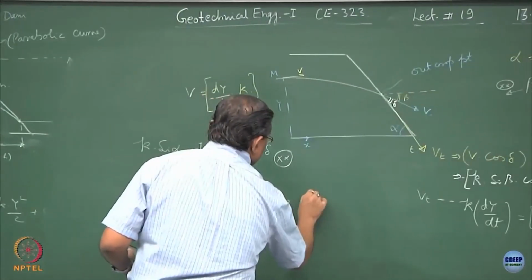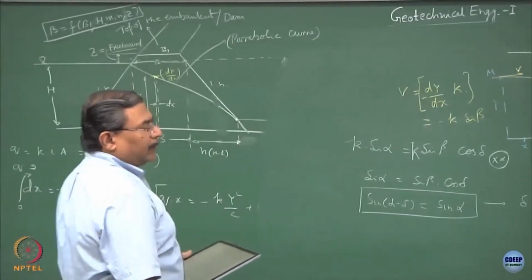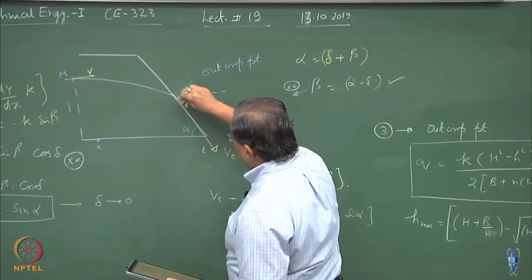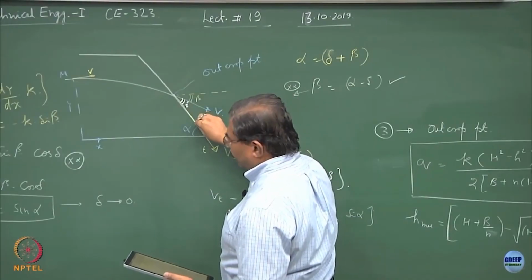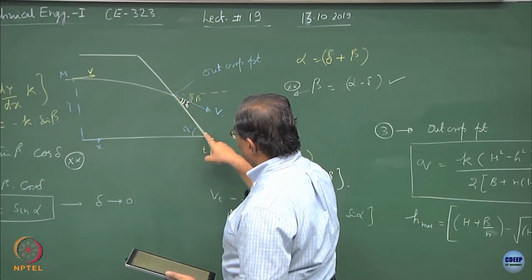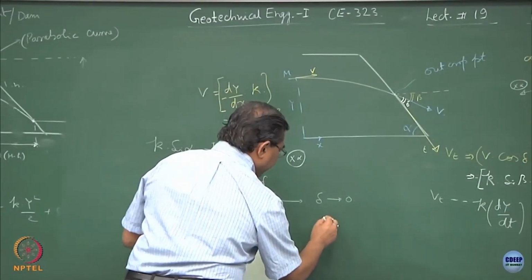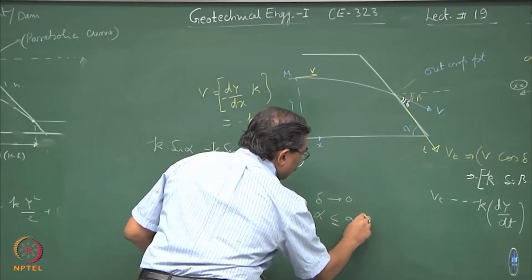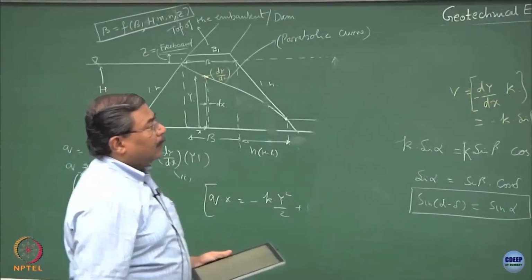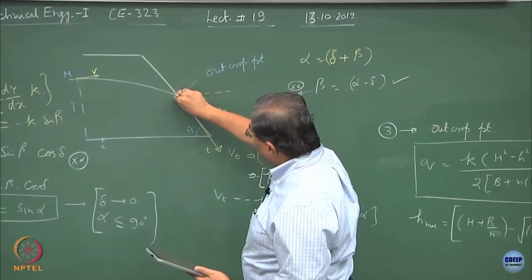What this indicates is that delta tends to 0, number 1. If delta tends to 0, that means the discharge velocity at the free surface is going to be equal to whatever the v component is. So this is always parallel to the downstream slope. This solution is valid when we say alpha is less than equal to 90 degree. So what we have done is, we have talked about the velocity at the outcrop point.